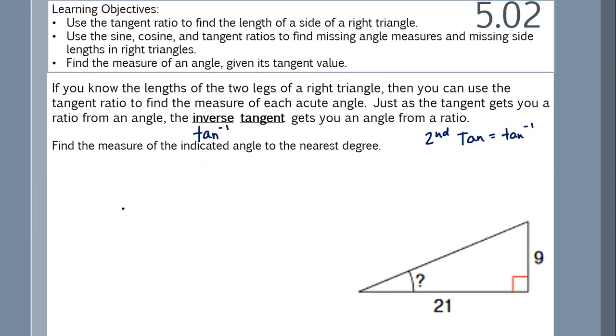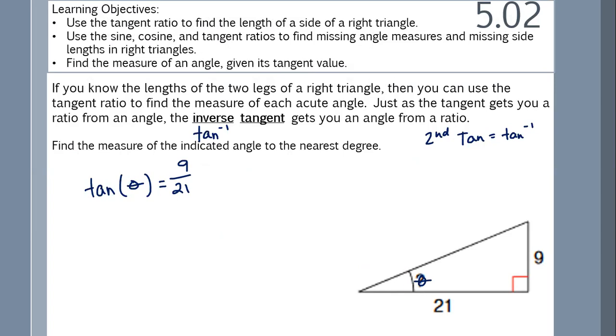Okay, so find the indicated measure. The tangent of some angle, and for angles we typically use the Greek theta to represent our unknown angle, like a 0 with a horizontal line through it, has to equal the opposite, 9 over 21.